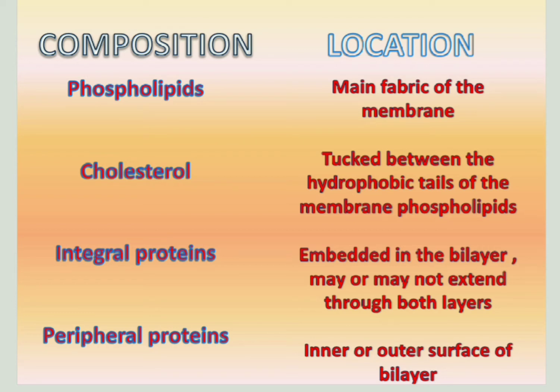Phospholipid, which I have already discussed, is the main fabric of the membrane. Without this, the cell structure is nothing. Then cholesterol is tucked between the hydrophobic tails of the membrane phospholipids.